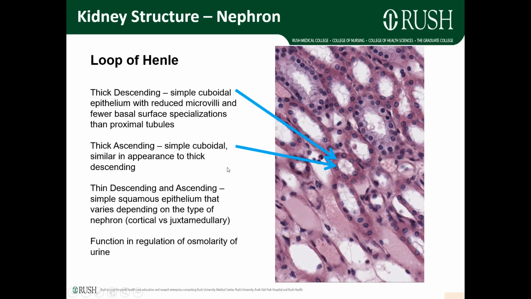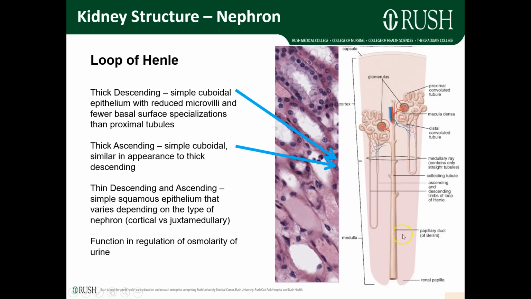Once the urine travels through the proximal convoluted tubule, the next place it comes to is referred to as the loop of Henle. I will show you a picture here to make it a little clearer.